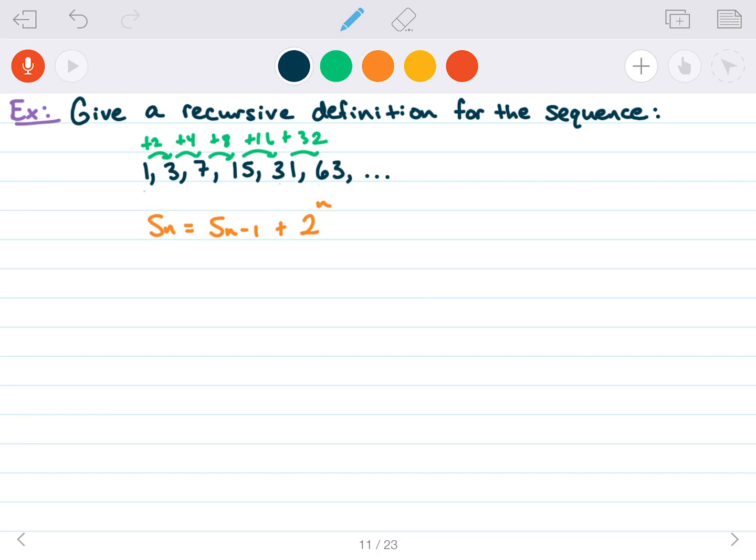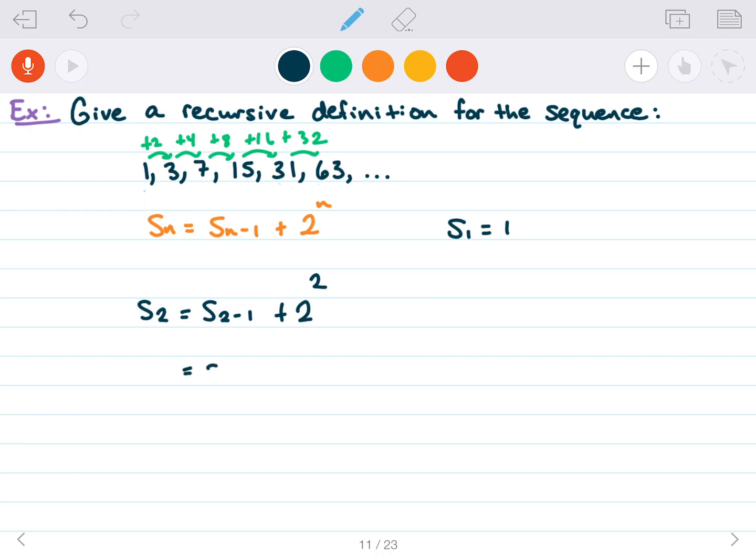Well, let's say S sub 1 is equal to 1, because that's the first term in our sequence. Is this formula going to work? Well, let's test it out. So let's test out with the second number in our list. We have S sub 2 is equal to S sub 2 minus 1 plus 2 to the 2.